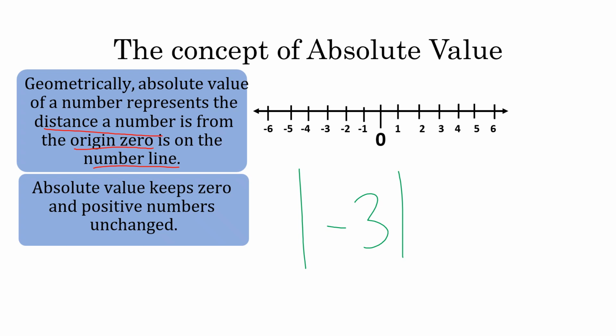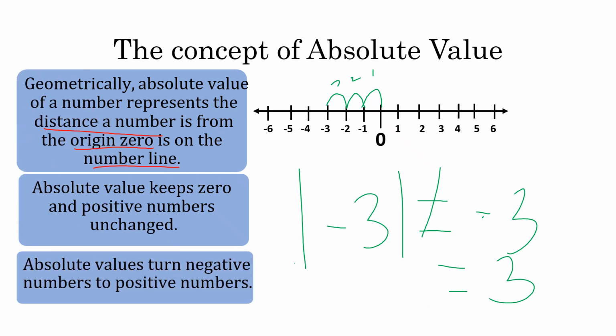We move 1, 2, 3. So the absolute value of negative 3 is not negative 3, it's rather 3, because you can't count negative 3. It's not a counting number, right? So the absolute value of a negative number is just to remove the sign, ignore the sign, that's all.